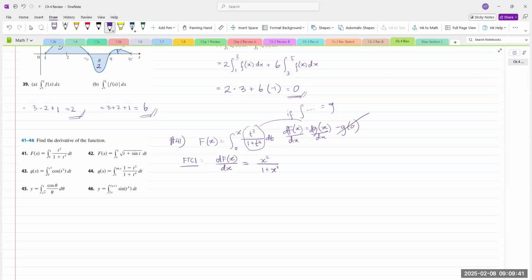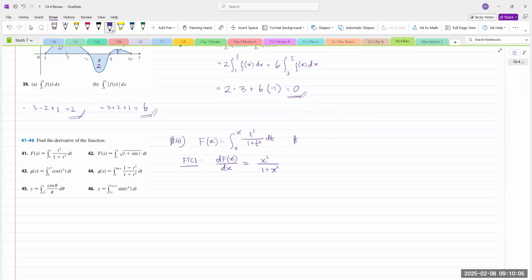But the derivative of gx is the function inside, right? Which is t squared over 1 plus t cubed, but we replace the variable by x. Okay, that's for number 41.